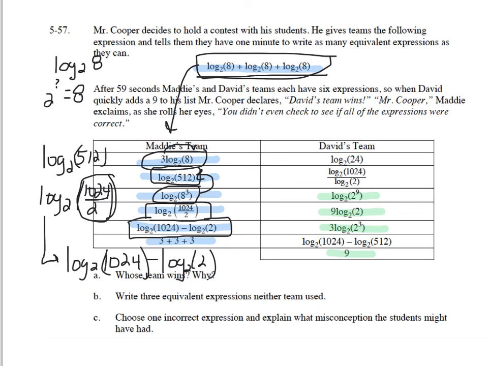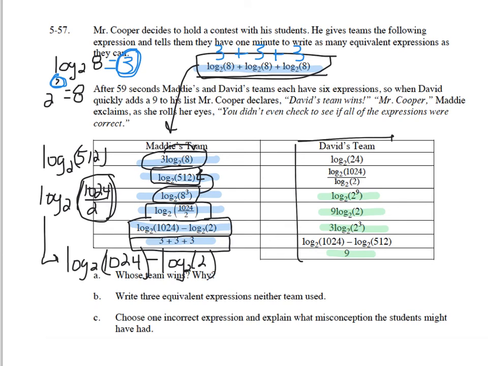Well, that value happens to be 3. 2 cubed gives me 8. So this is really 3 plus 3 plus 3. And that's why all of Maddie's statements, or her team statements, happen to be true.